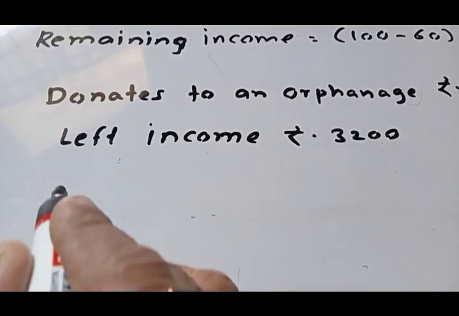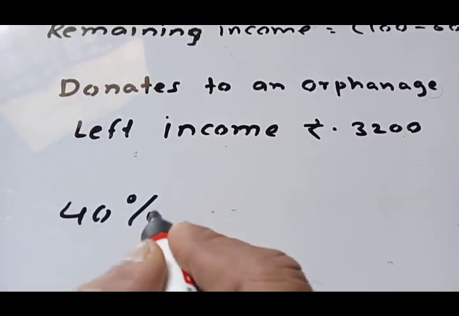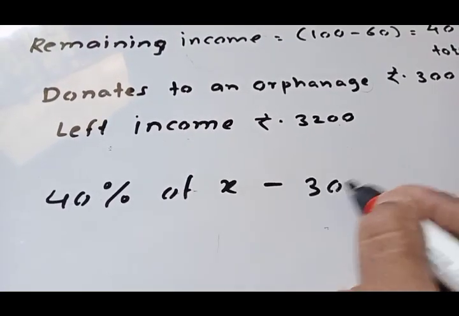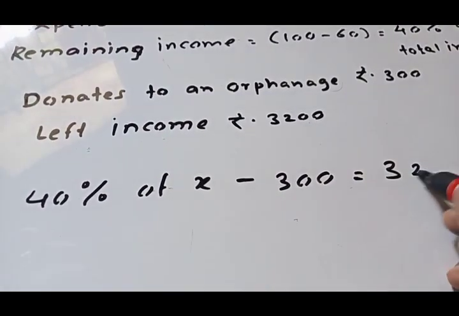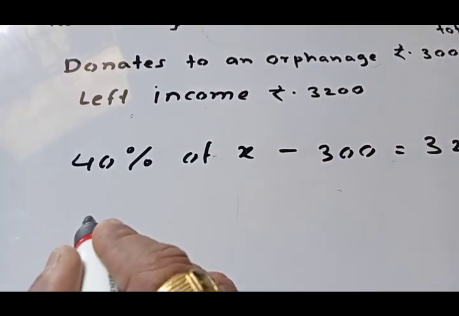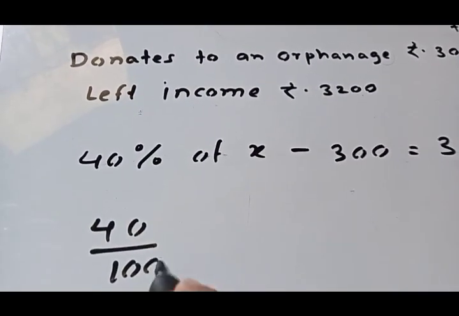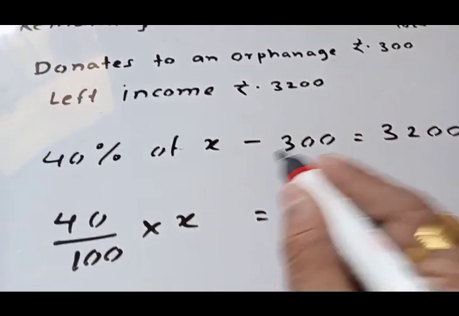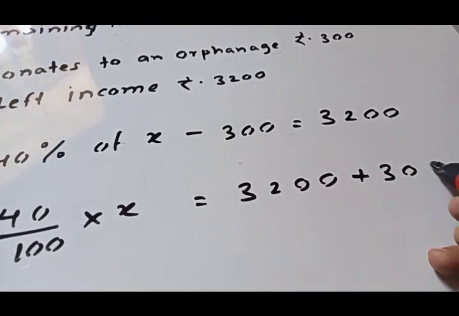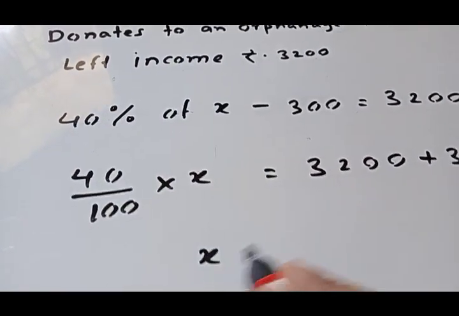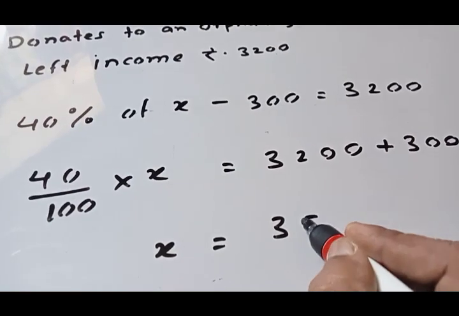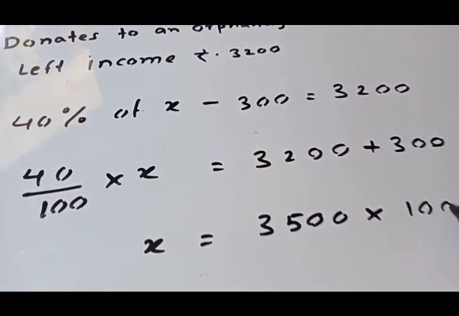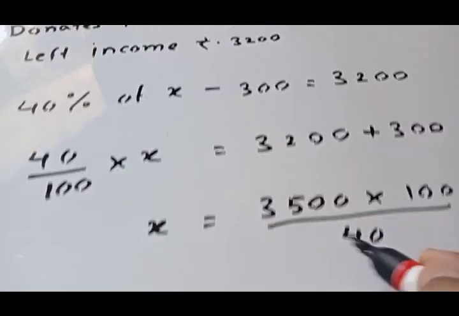So 40% of X minus the orphanage 300 leaves the remaining 3,200. So 40 upon 100 into X equals 3,200 plus 300, that is, this minus becomes plus. So X equals total 3,500 into the opposite, 100 upon 40.